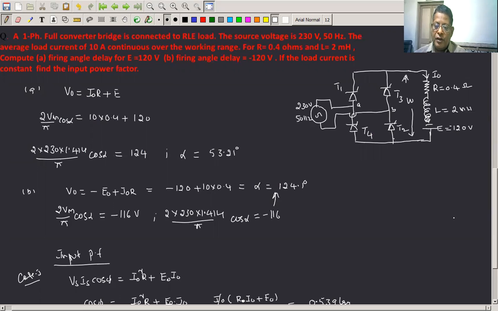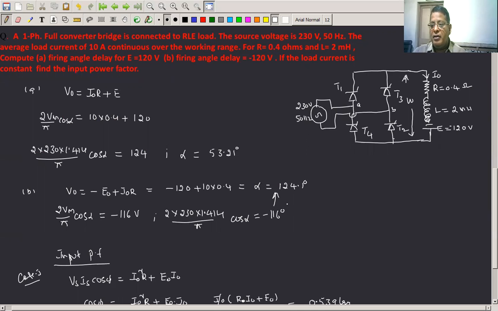And in the second case, we have to calculate the firing angle of the converter. The polarity of the voltage in the load is minus 120 volts. We got the firing angle more than 90 degrees, that is 124 degrees. So it gives the inverter operation.